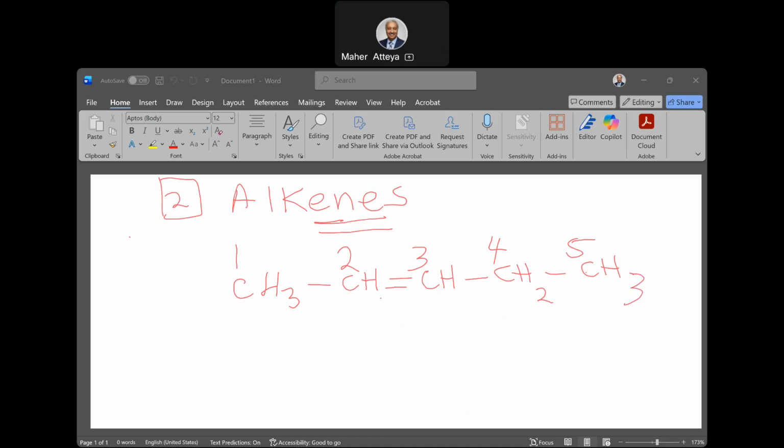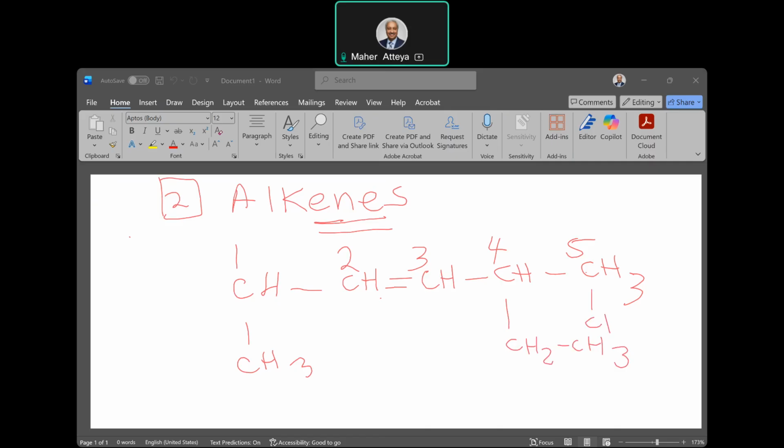That's 2-pentene. Suppose now we have some attached groups: this one is methyl, this attached group is ethyl, and this one here will be chlorine.